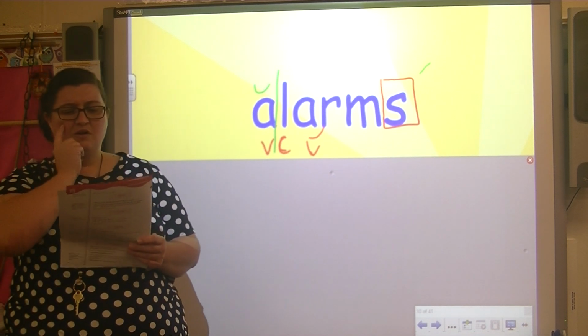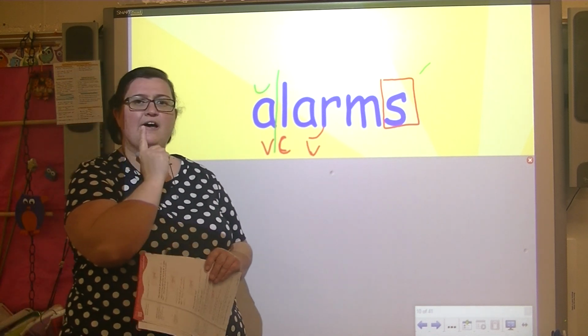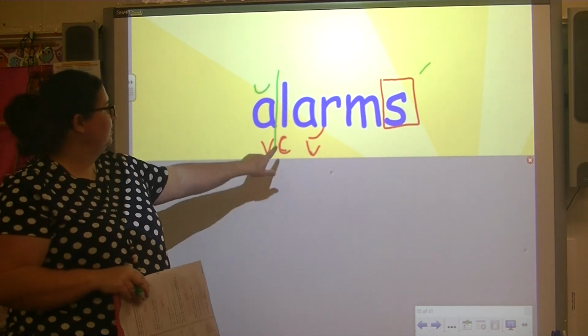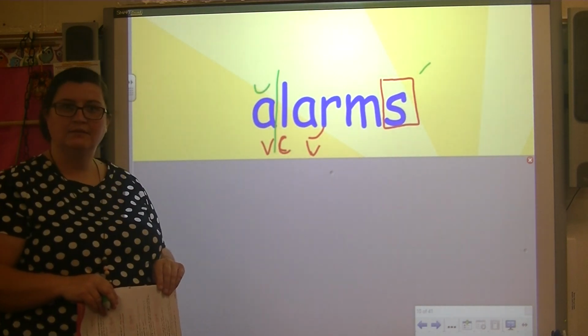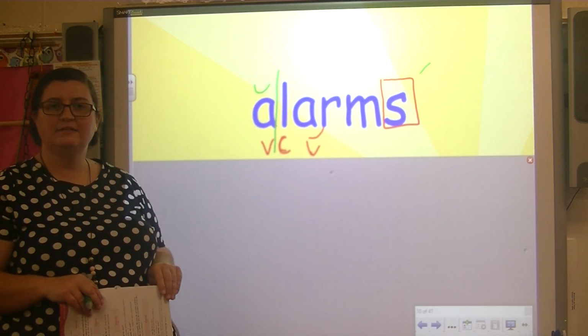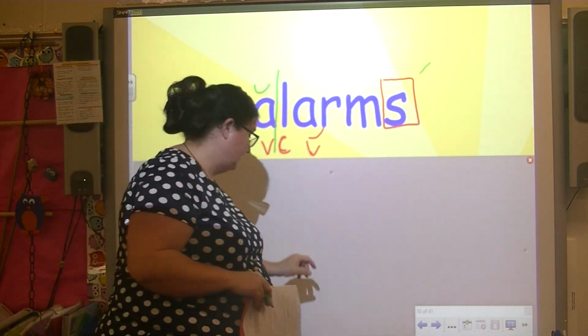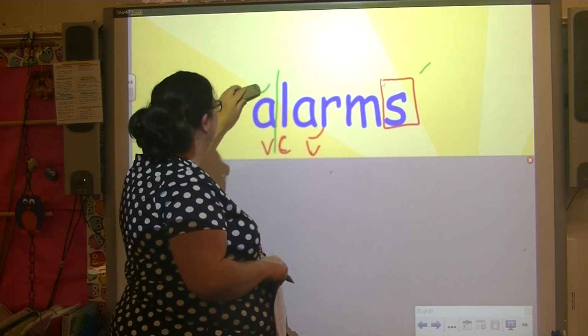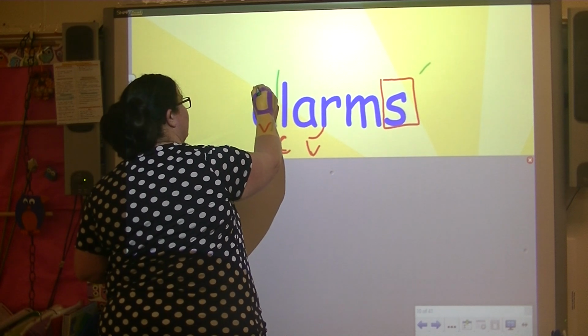Didn't we learn a sound if A is after L? Yeah, like in wallet. What could this do? We could dot it. Let's try that. We've learned all kinds of patterns, guys.